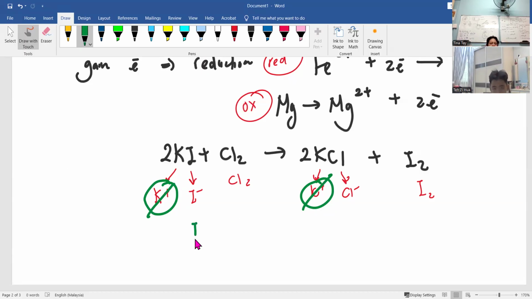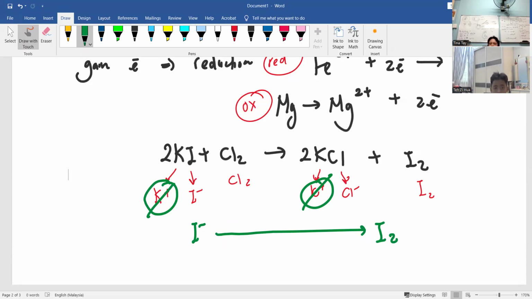Okay, here is I negative. I negative changes to I2. If this was electrolysis, how would you balance the equation?